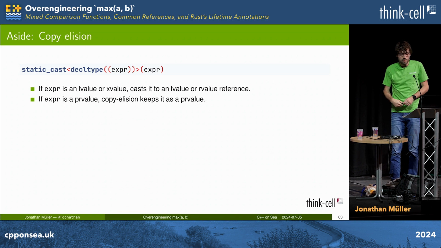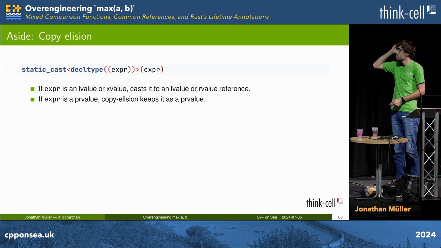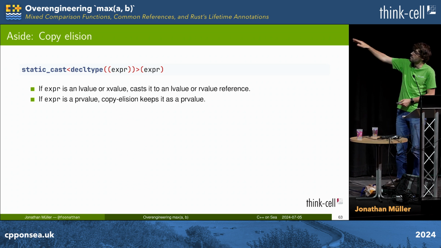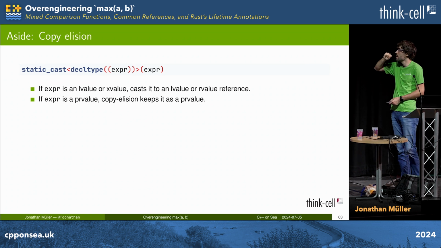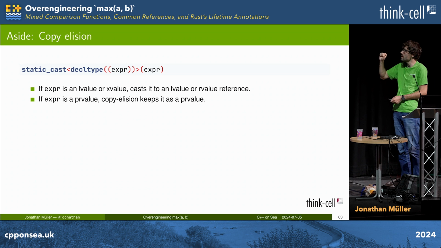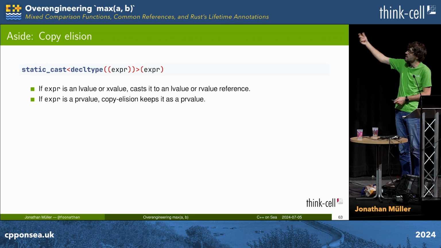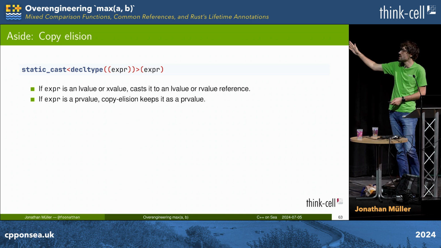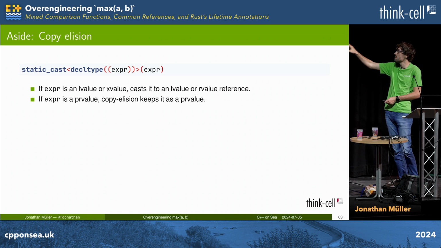And this is really nice because of copy elision. In most cases, the macro expands to this expression, like static cast decltype of the expression of the expression. If the expression is an L value or X value, this casts to an L value or R value reference. But in general, if the expression is a PR value, then it's copy elision and it's essentially a no-op. So this static cast with decltype and double parentheses is a no-op in all cases.